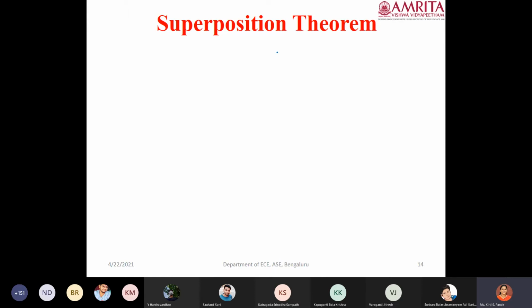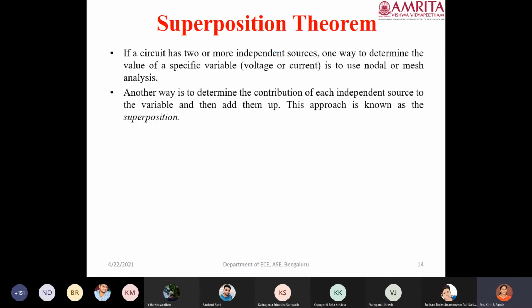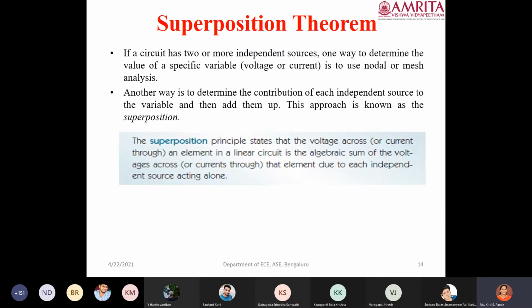Now, what do we do in that? So if your circuit has two or more independent sources, there can be dependent sources also, but we will see what to do for dependent sources. One way to determine a specific variable like current or voltage is nodal analysis or mesh analysis. But there is one more way, using the superposition theorem.